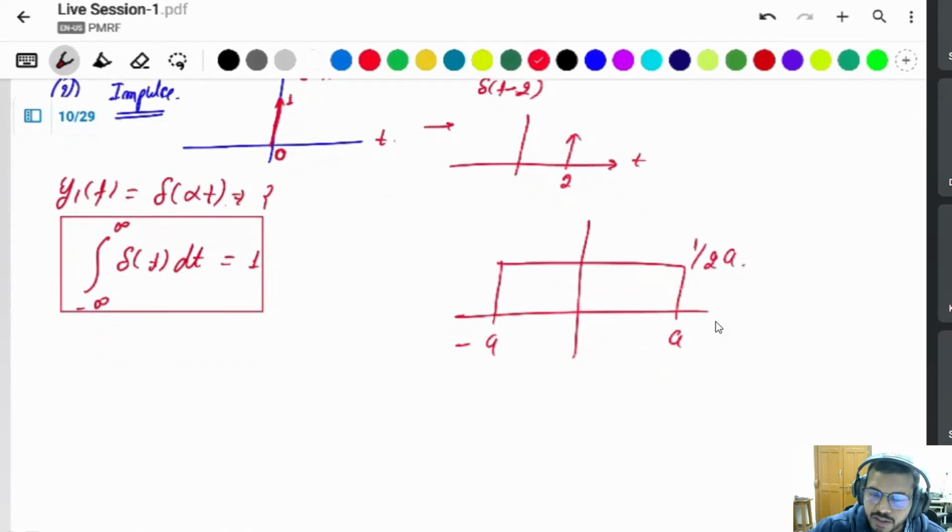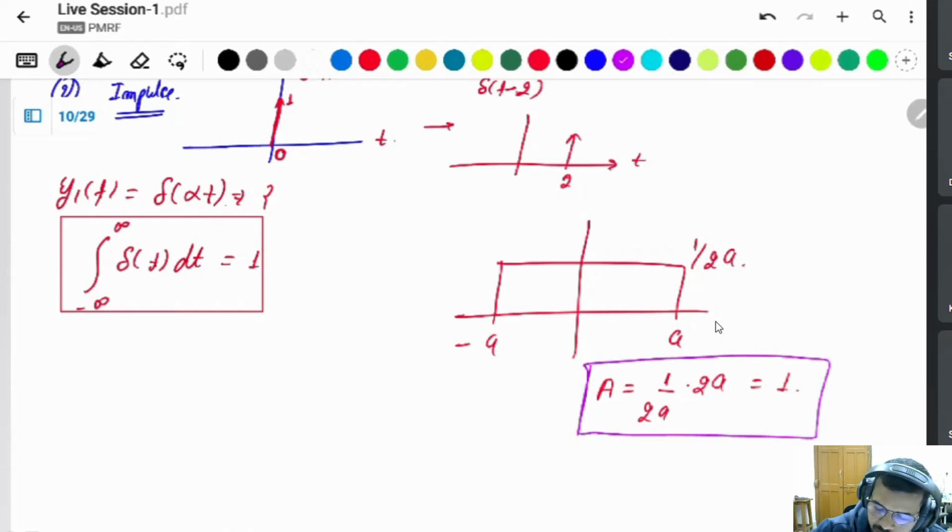This thing is rectangular. Now what is the area of this one? 1 by 2A, height into width. Width is 2A, so 2A times 1 by 2A is equal to 1. Area of the rectangle is 1.